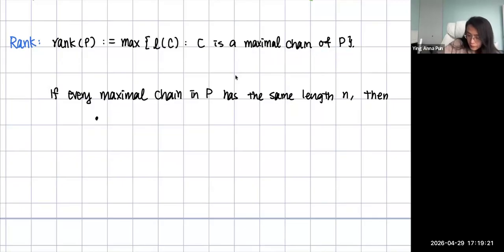In that case, we call P graded, and we say it's of rank n.